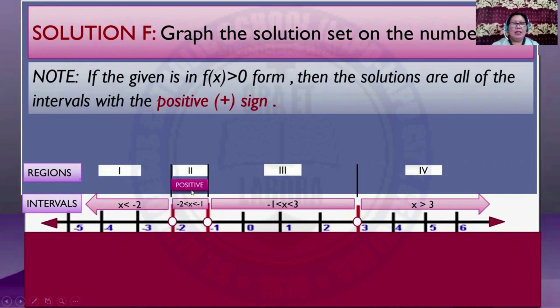This one will give us the positive sign, and also this one. Okay. And for this, it's negative. Here, negative. So meaning, you have to highlight this region and this region.